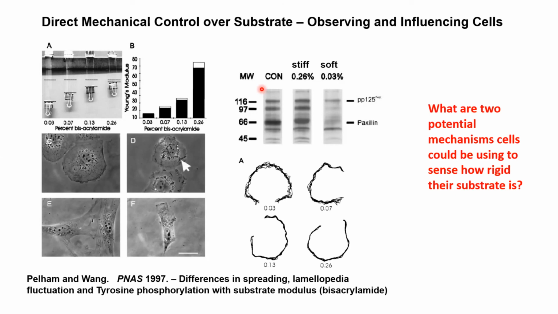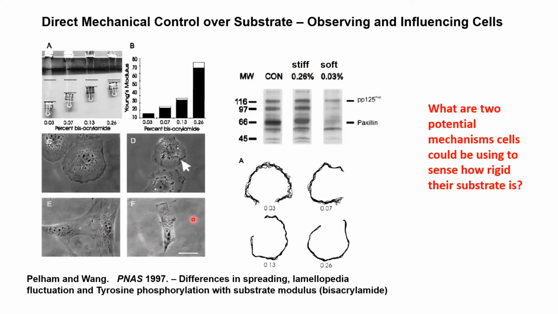This was done by taking the bisacrylamide and coating it with collagen. So we can't be 100% sure if the cells are actually interacting through integrins with collagen, but let's assume they are. Compared to a soft material, on a stiff material the cells are able to spread more. So this is a soft versus a stiff material.